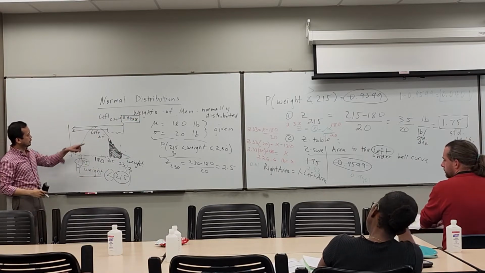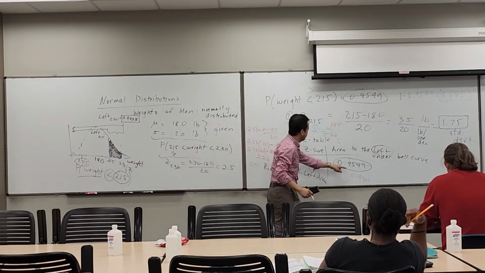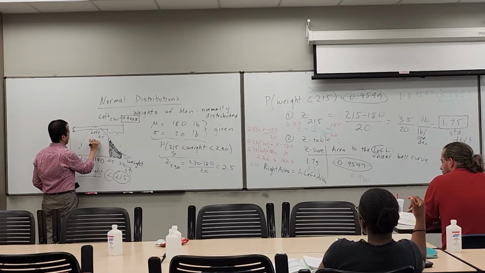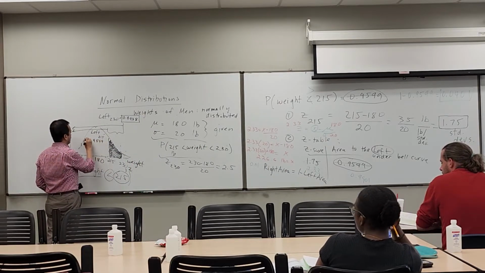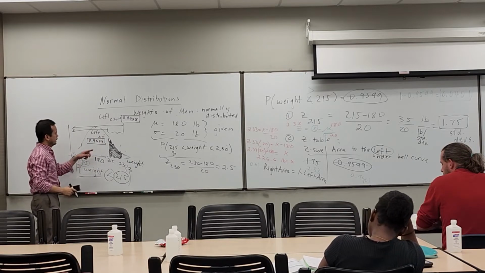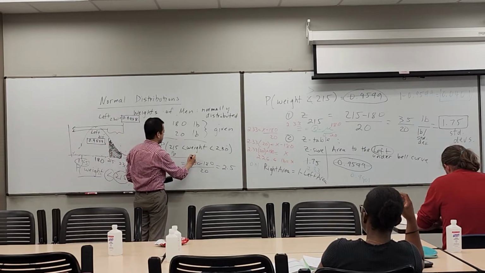Then we're going to do the same thing, calculate the area to the left of 215, which we did before, 0.9599. And if you subtract these two, this answer will end up being about 0.03.